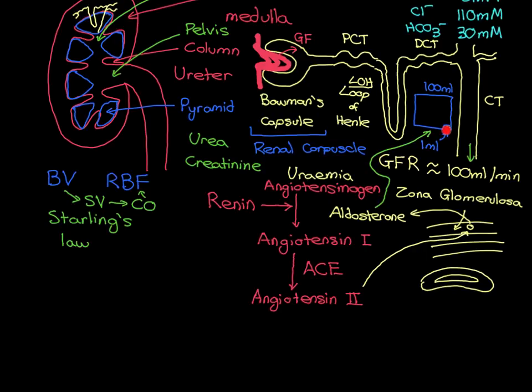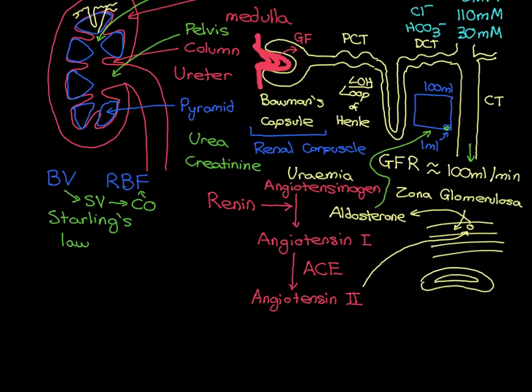We can make it bigger. We could make it 3 milliliters, 3%, or we could make it smaller. We could take it down to half a milliliter, or maybe even a quarter of a milliliter. And the control of this fraction of the glomerular filtrate that is going to become actual urine is under the influence of aldosterone.